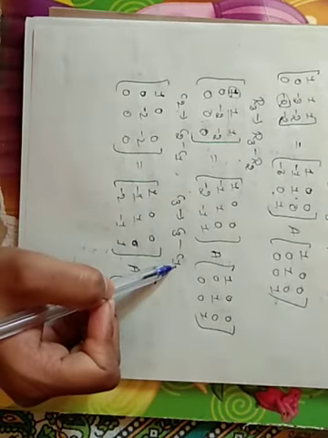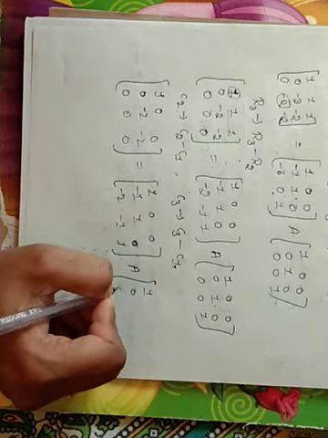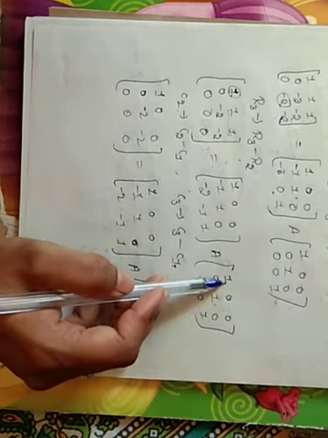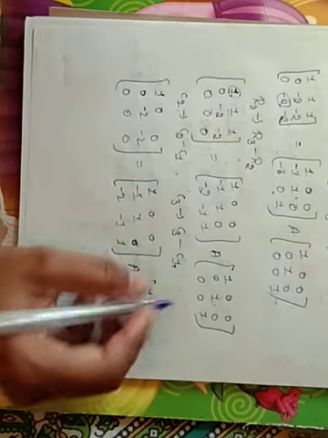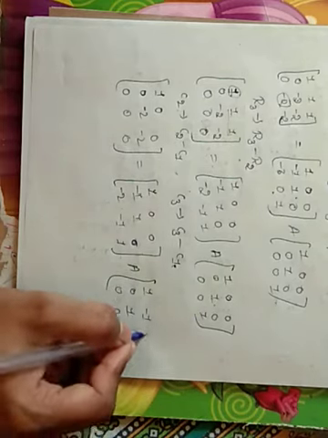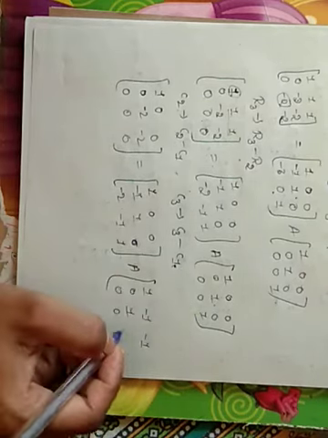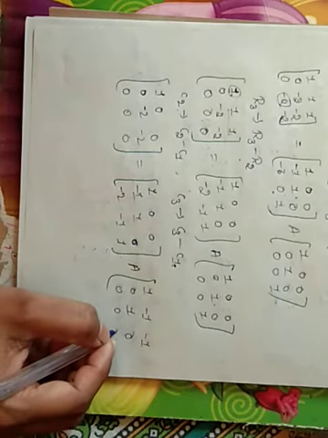The column transformation is applied only for this matrix. Keep the first row as it is. 0 minus 1, minus 1. 1 minus 0, 1. 0 minus 0, 0. 0 minus 1, minus 1. 0 minus 0, 0. 1 minus 0, 1.